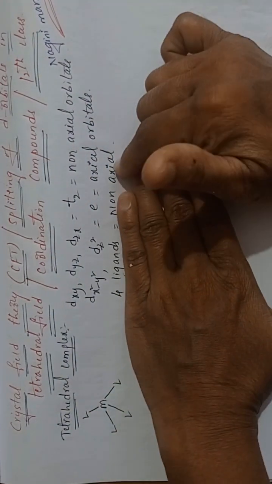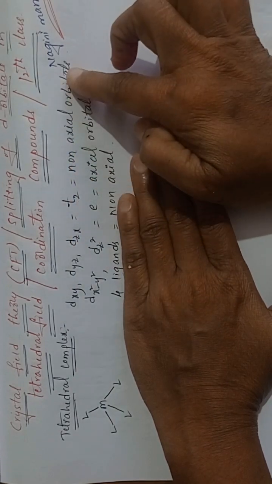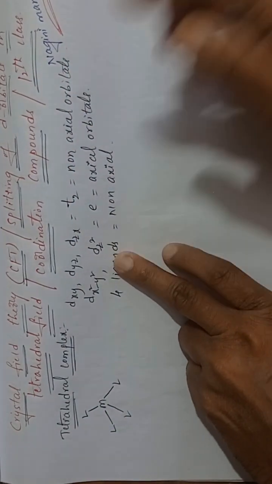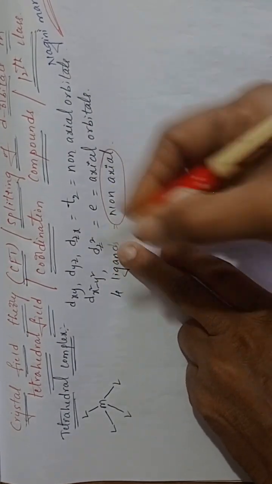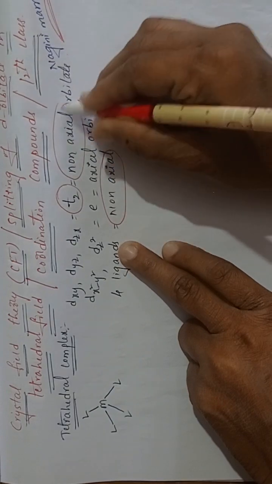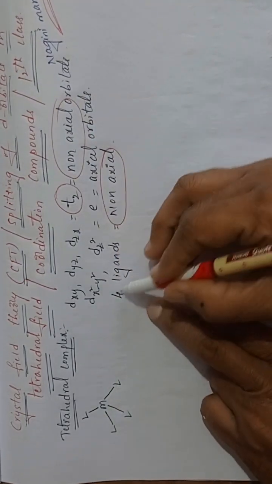So the 4 ligands are non-axial and t2 orbitals are non-axial.